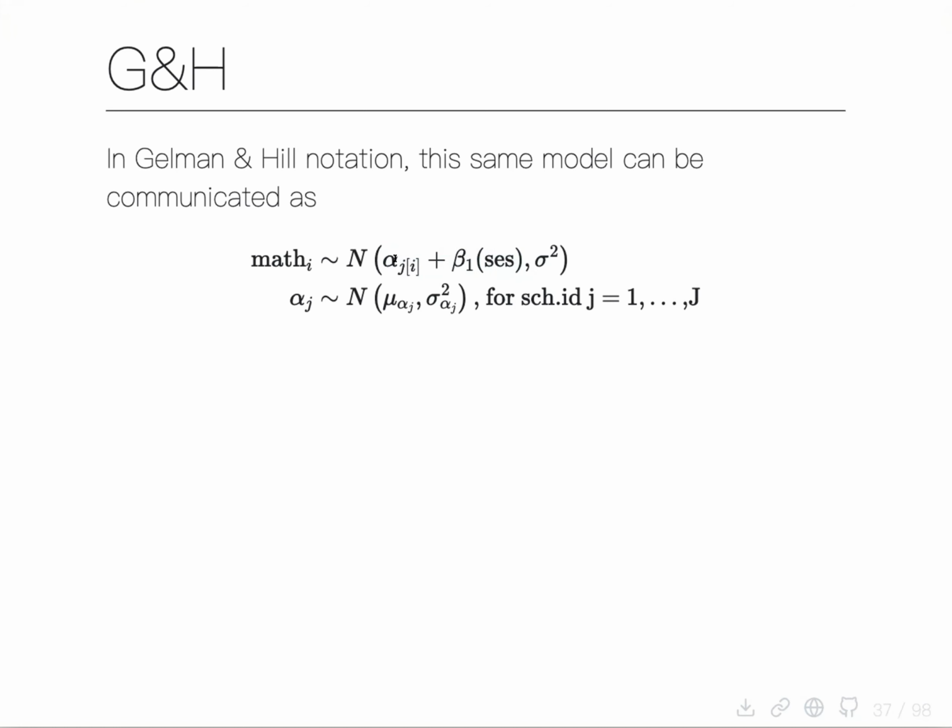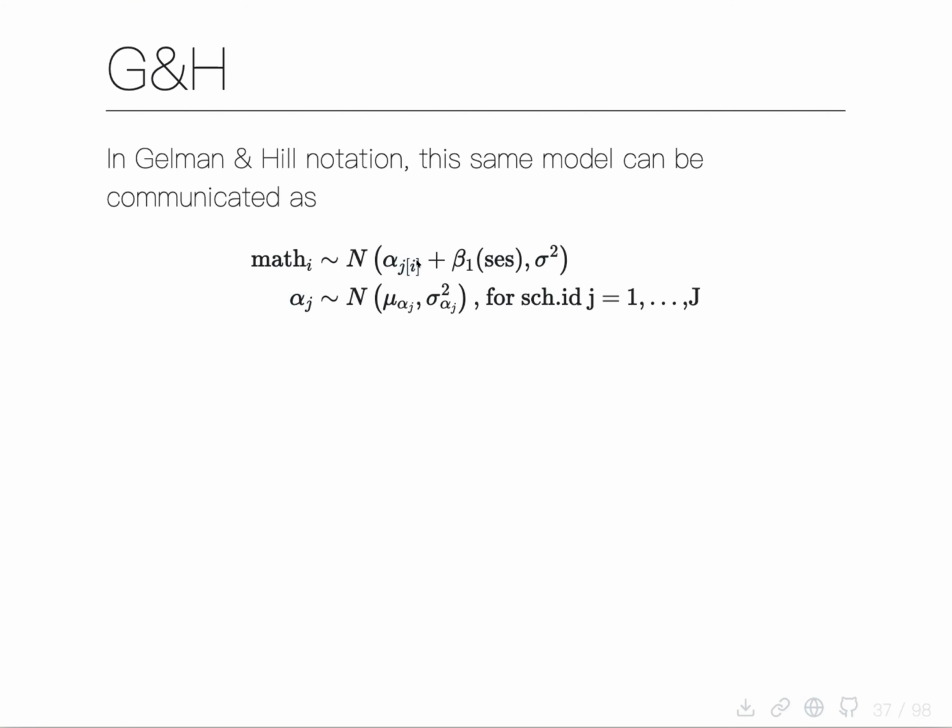Okay, so here we have alpha j. That means that alpha, our intercept, is randomly varying across something. Okay, whereas beta 1 is just beta 1, so it's just fixed. And we can see now this alpha j part is down here.